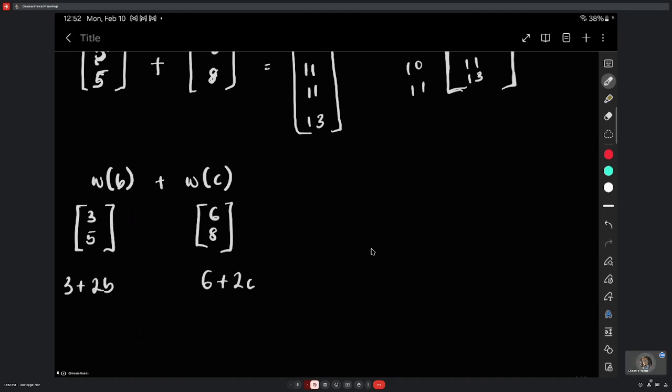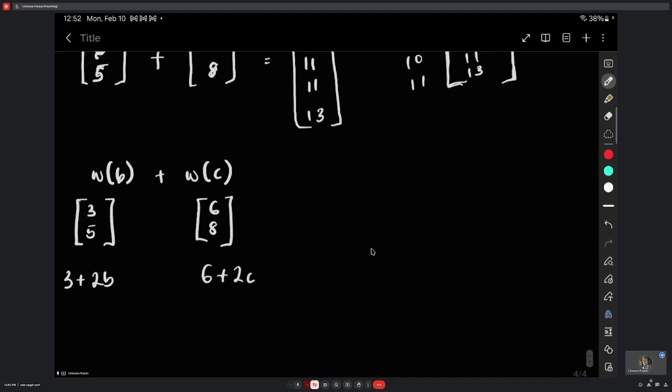In this case, WB had one variable in B, WC had one variable in C, and both of the arrays we got had two elements, but that was still not sufficient for us to do element-wise addition.